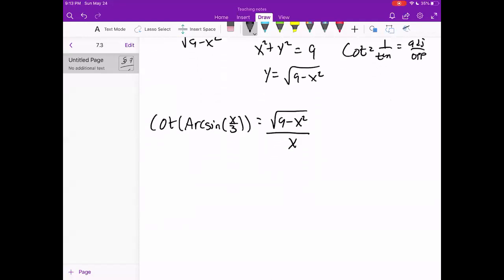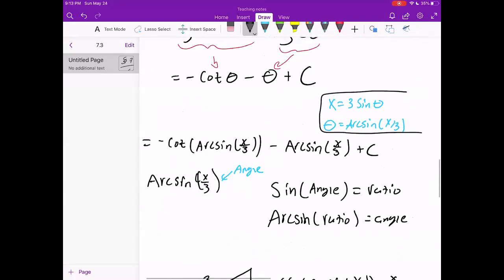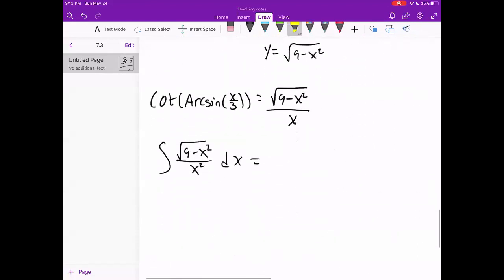So my final answer is going to be the integral of the square root of 9 minus x squared over x squared dx is negative, so look back up here. I'm just filling this back out with that first term simplified.